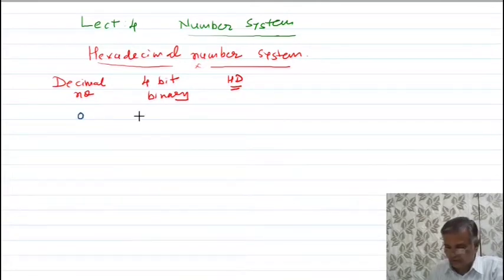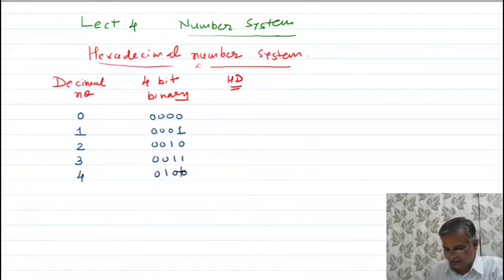In decimal, 0 is the first digit, in binary 0000, and 1 is 0001. 2 is represented by 0010, 3 by 0011, 4 by 0100, 5 by 0101, 6 by 0110.